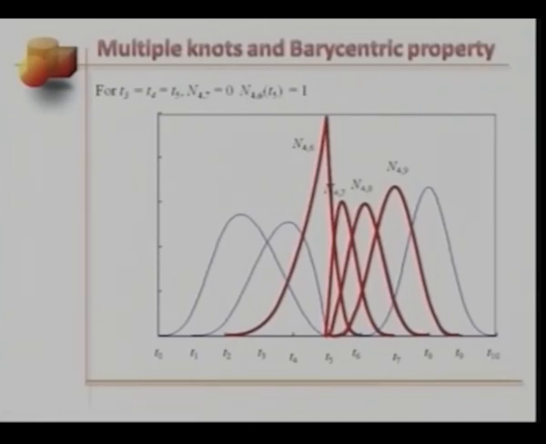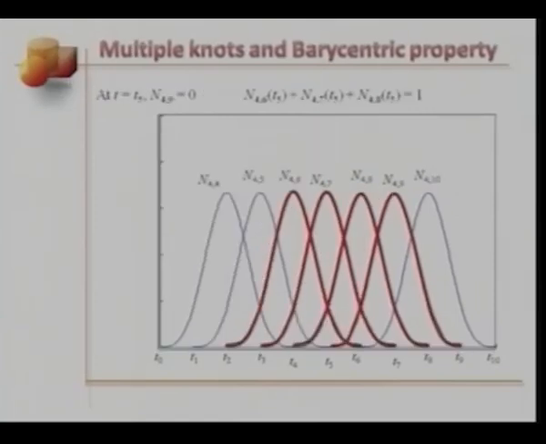Okay, so what has just happened? Let me go back. What we did was we tried to raise the multiplicity of this knot over here, t5. We started bringing the knots on the left towards t5, one by one.